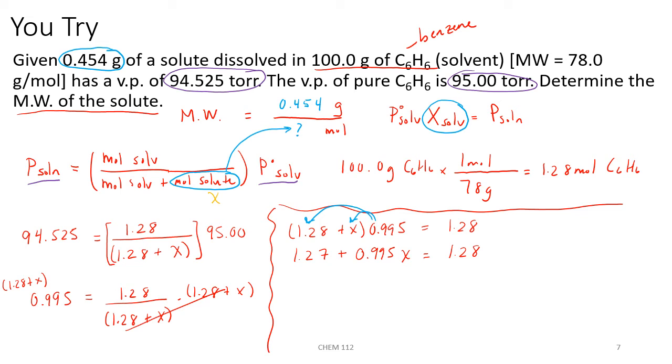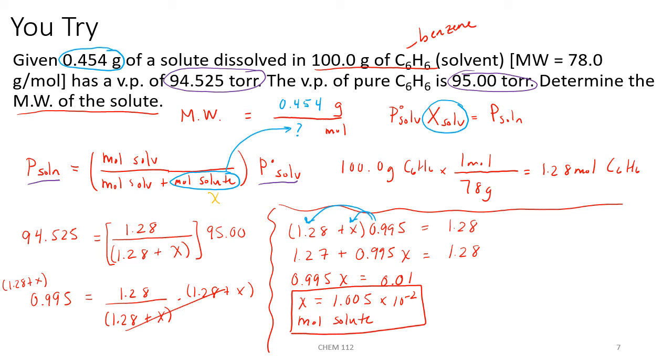We're going to isolate our x term, so we're going to subtract 1.27 from both sides. We'll get 0.995x equal to about 0.01 when we subtract. And then we're going to divide both sides by 0.995 to get our x term alone. So x comes out to being about 1.005 times 10 to the negative 2. And that's our moles of solute that we just calculated.